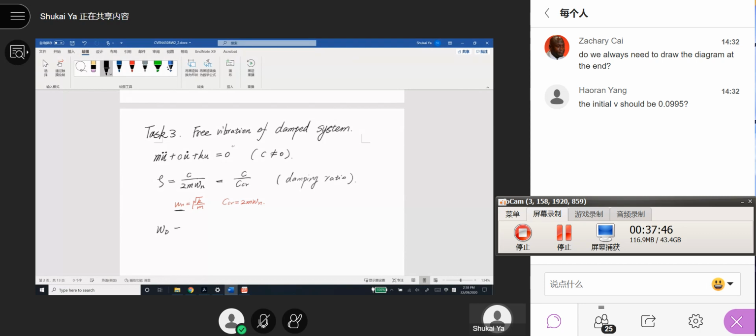The relationship is omega n times the square root of 1 minus zeta square is equal to omega d. And then the period of the damped system should be equal to Tn divided by the square root of 1 minus zeta square.